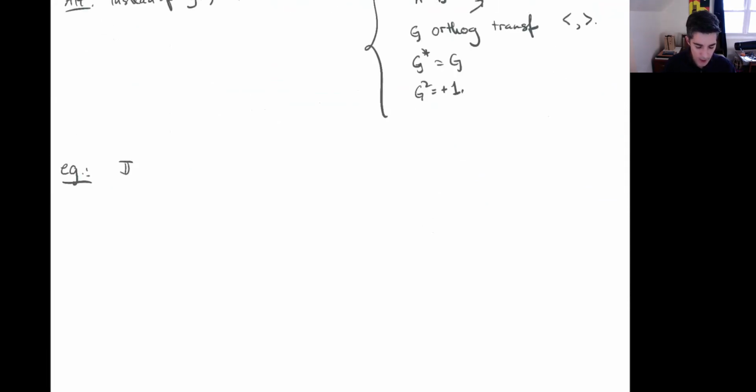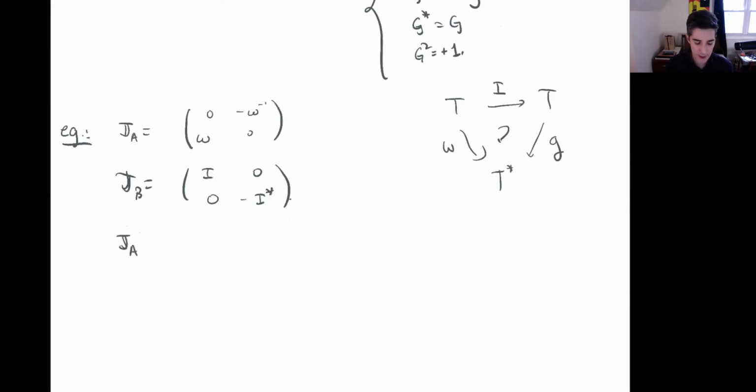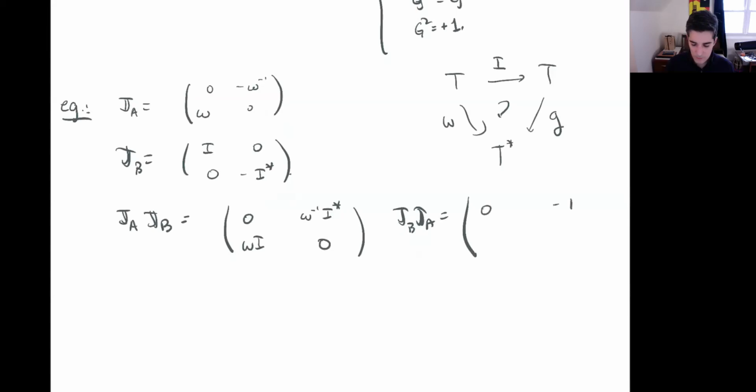So if we take JA to be a symplectic form like this, and if we take JB to be the complex structure like this, and if we remember that in a Kähler situation, we have compatibility between these structures, and so if we compute JA JB, what you'll see is that you'll get this, whereas if you compute JB JA, what you'll get is this.